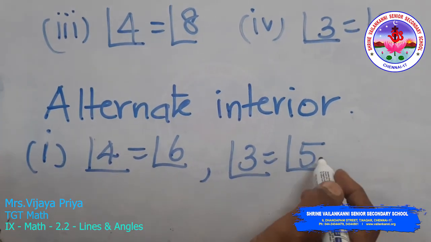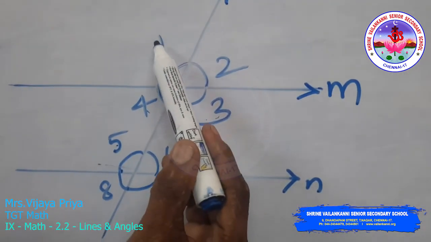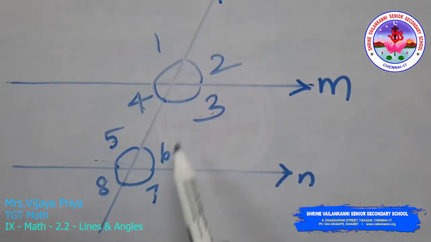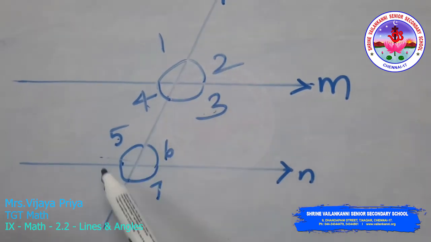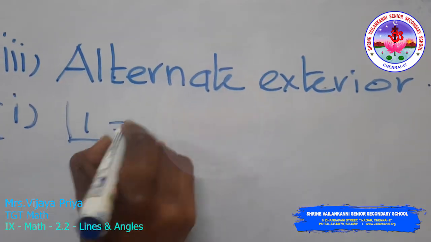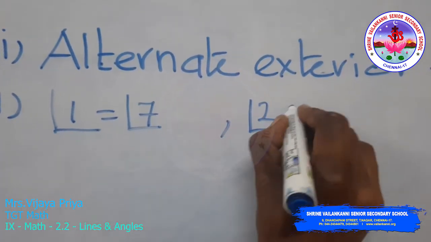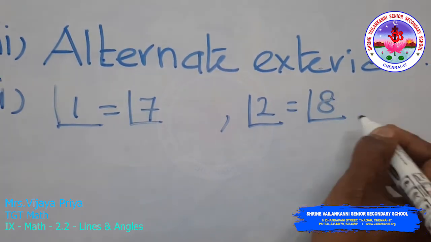Now coming to alternate exterior, the first pair is angle 1 and angle 7, and the second pair is angle 2 and angle 8. So angle 1 is equal to angle 7, and angle 2 is equal to angle 8 by the property.